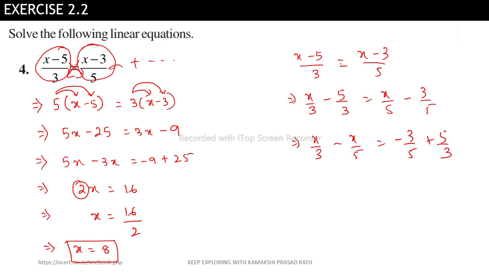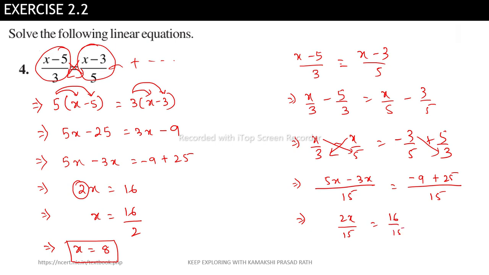Just we need to find the LCM. LCM of 3 and 5 is 15. Now cross multiplication: 5x minus 3x. Same thing on the right, minus 3 into 3 becomes minus 9, 5 fives is 25. So 5x minus 3x becomes 2x over 15 equals 16 by 15. So 15 and 15 cancel. So we get 2x equals 16. So x equals 16 by 2, that is 8. In this way also we can solve it.